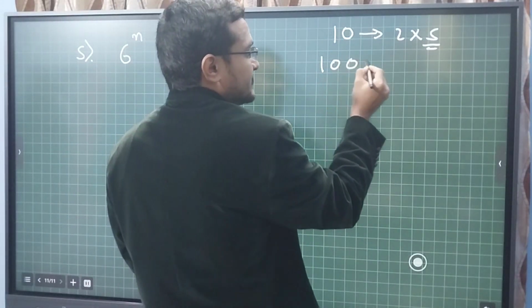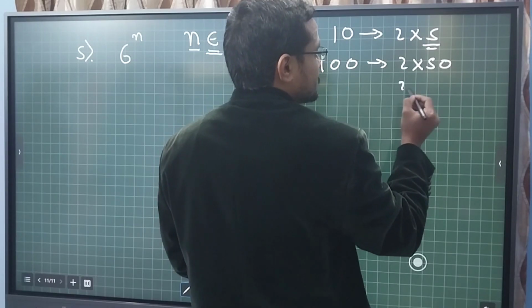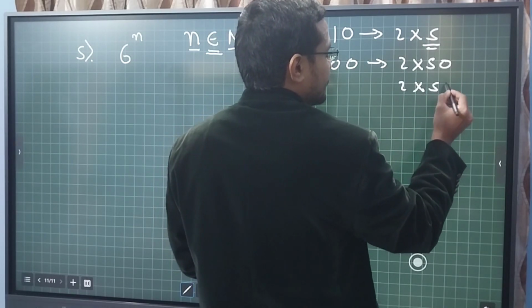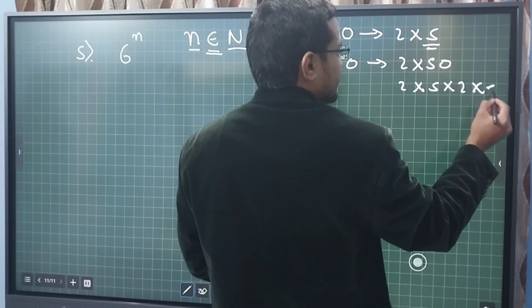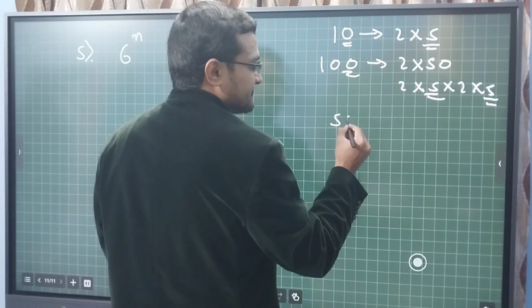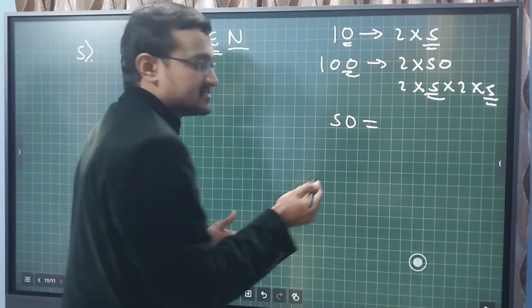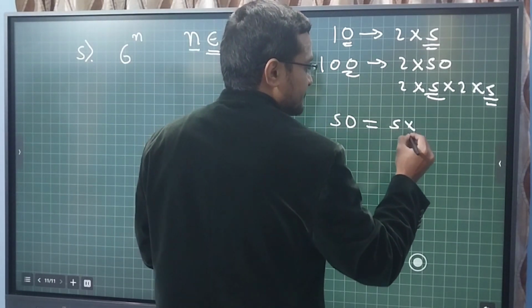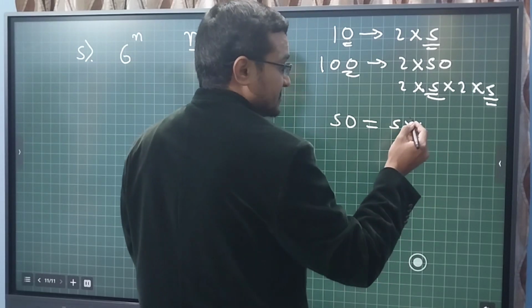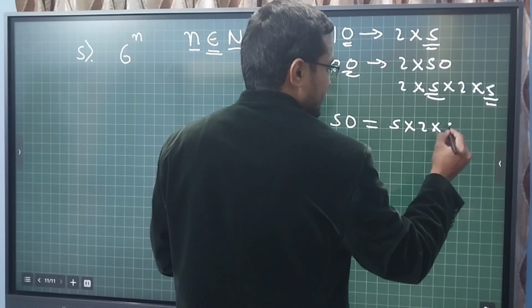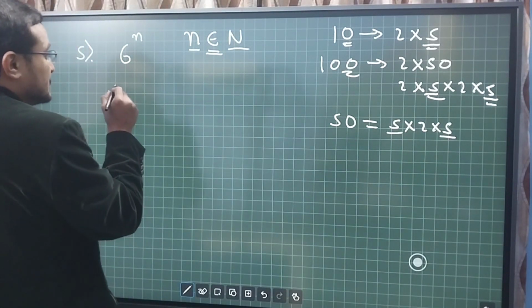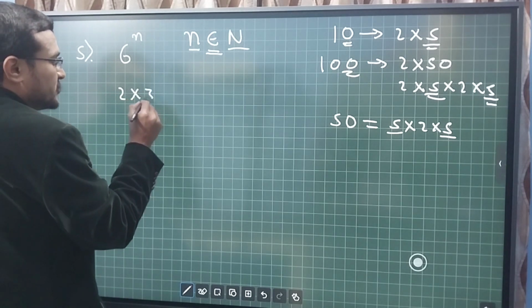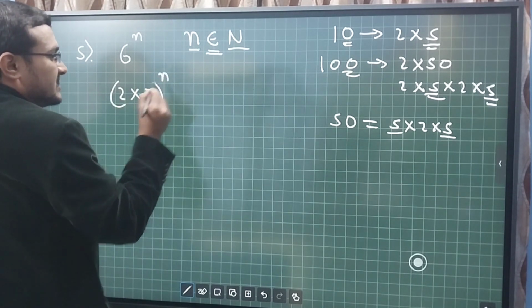If I take 100, 2 into 50 you can write. So this you can write as 2 into 5 into 2 into 5. Similarly, now if I take 50, 50 is also ending with 0. So that means 5 into 10 will be there. So 10 means 2 into 5. If you take the number 6, so 6 can be written as 2 into 3, whole power n.